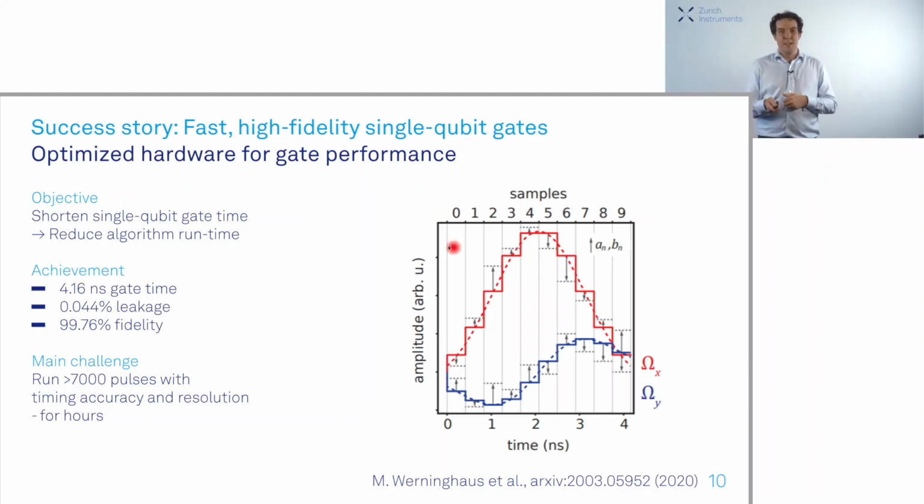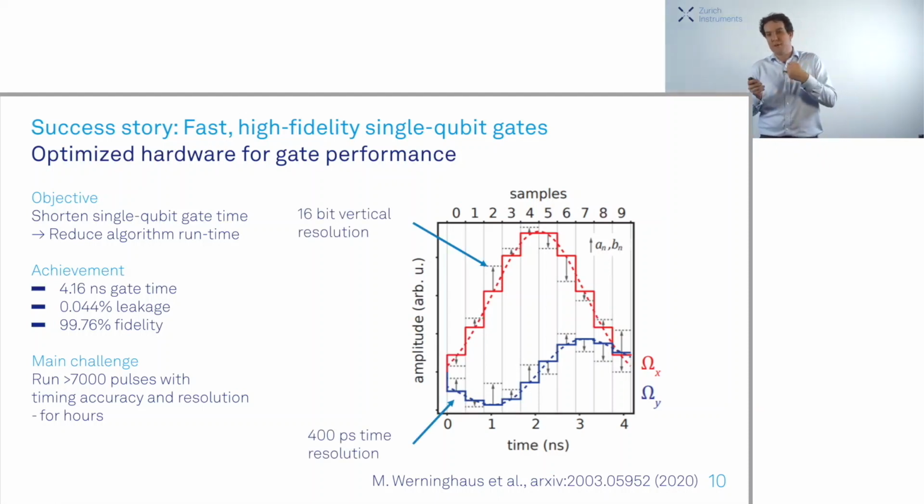In the end, they achieved 4 nanosecond gate time with a fidelity of above 99.7%. How did they do this? They essentially took the typical pulse shape, made it shorter, and then discretized it, using the roughly 400 picosecond time resolution that our AWG gives.